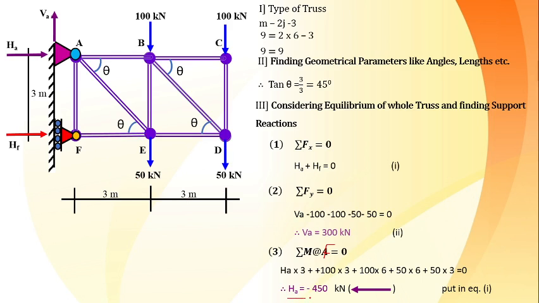Here there was only one unknown present, HA. So I found the value of HA is equal to minus 450 kilonewton.